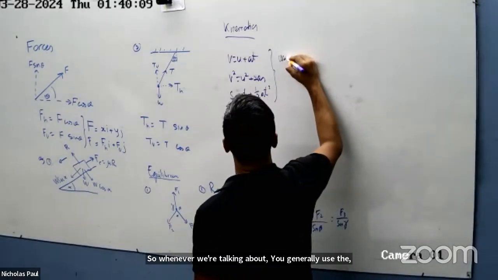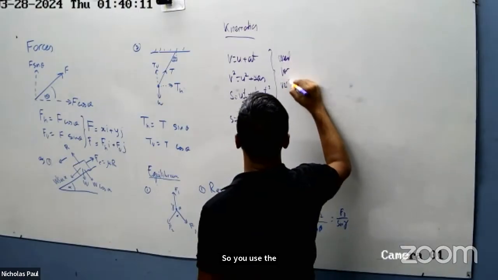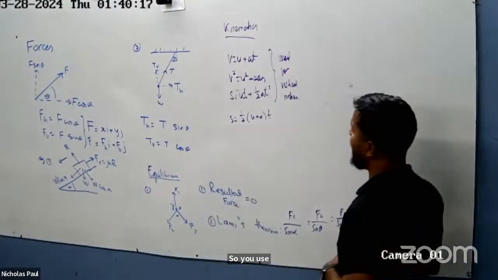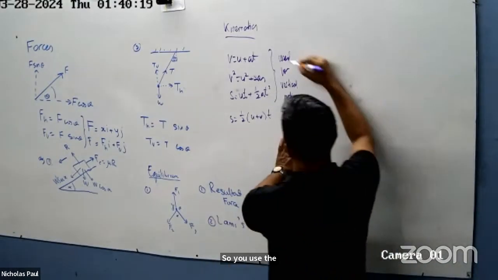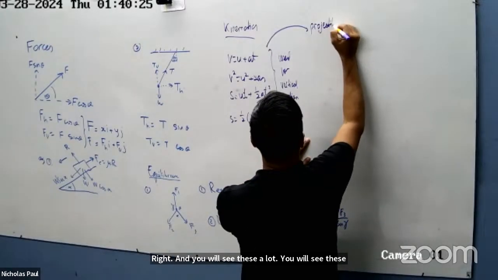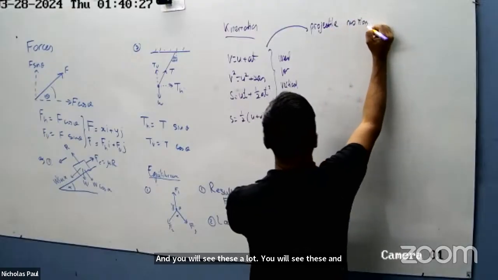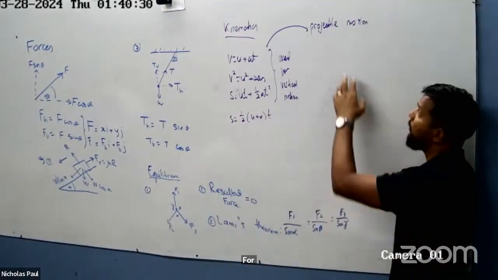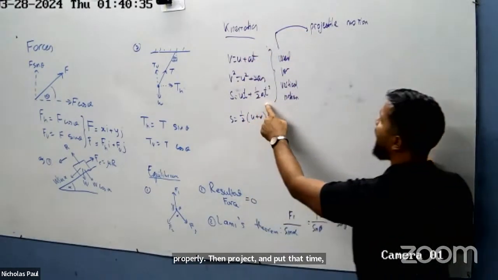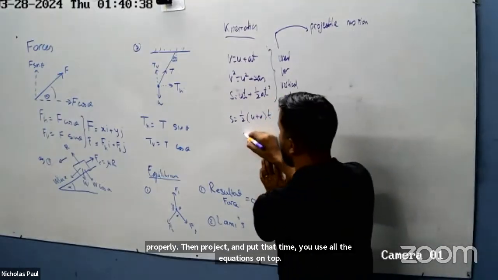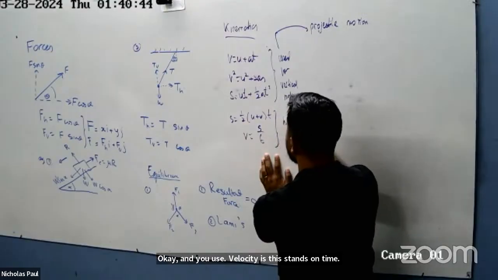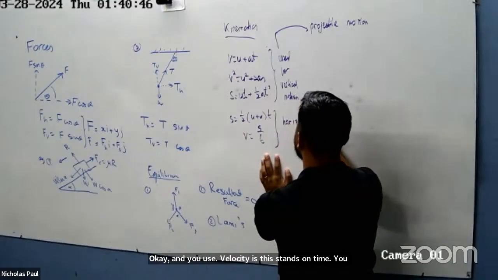You will see these a lot in projectile motion, and I want you to remember to use them properly. So in projectile motion, you use all the equations on top for vertical motion, and you use velocity is distance over time for horizontal motion.